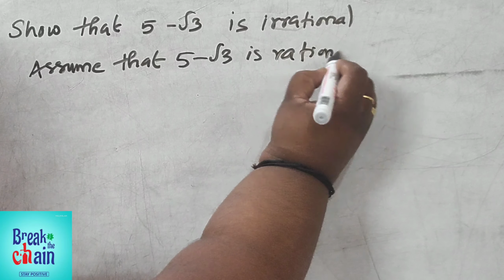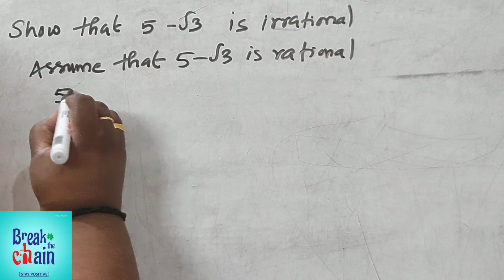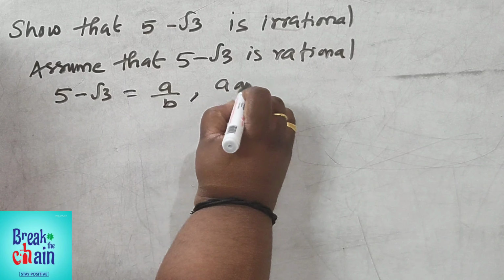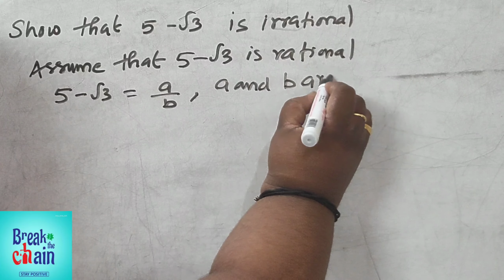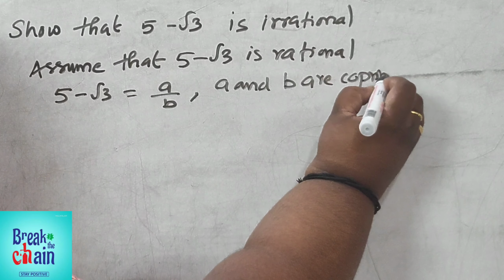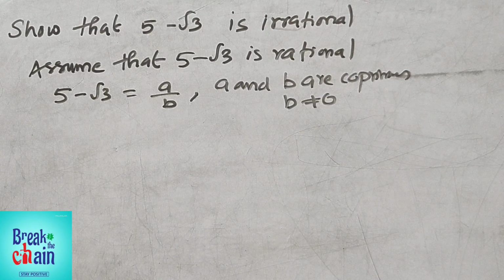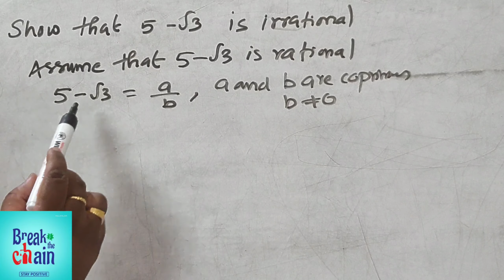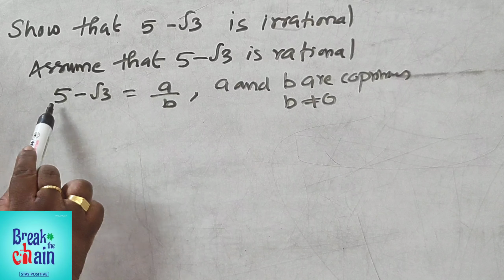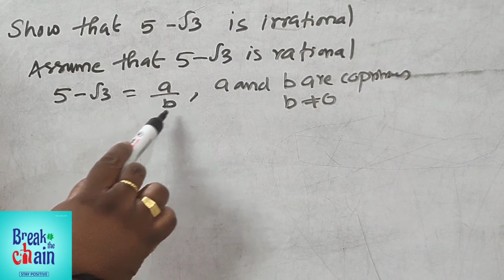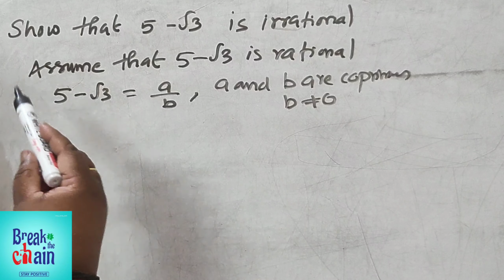So if 5 minus root 3 is rational, we can write 5 minus root 3 as A by B, where A and B are co-primes and B not equal to 0. Now we can separate this. Separate this means here we have minus root 3 and 5. I am going to take this minus root 3 to the other side and A by B to one side.